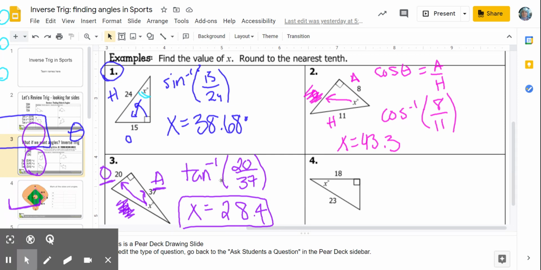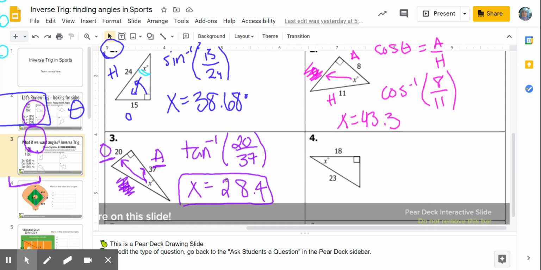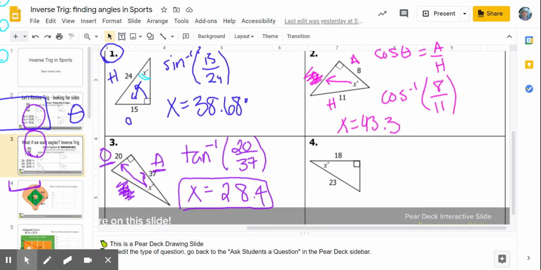And then what about number 4? Is that going to be sine, cosine, or tangent? So I've got O is the opposite, H is the 23, and adjacent.